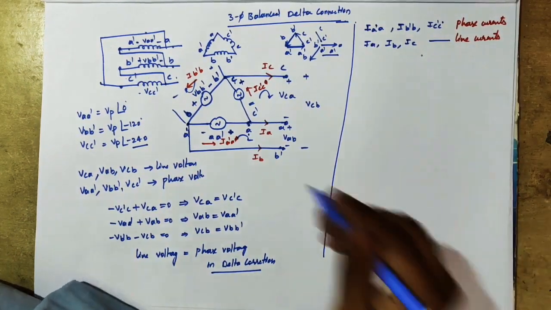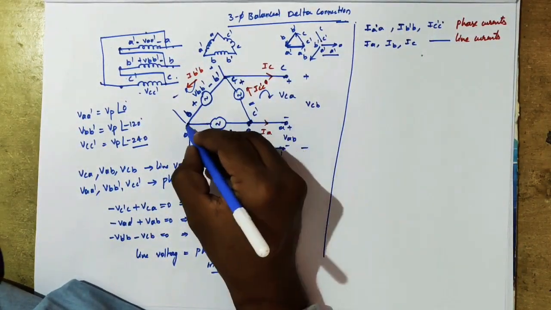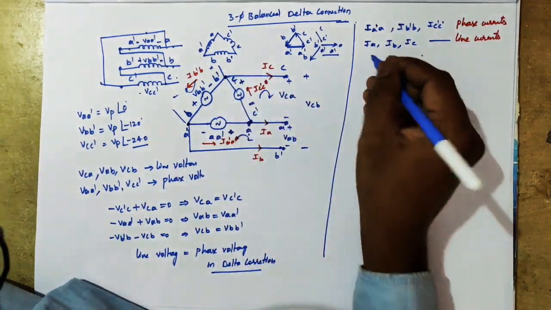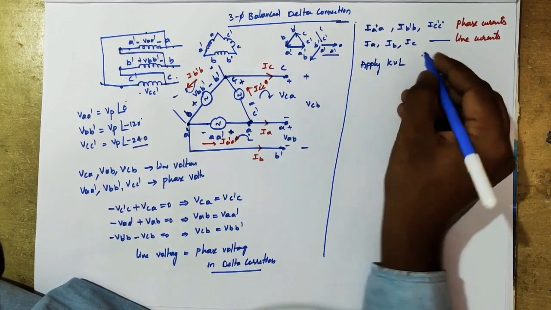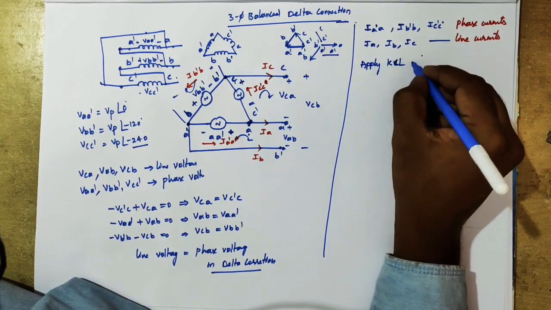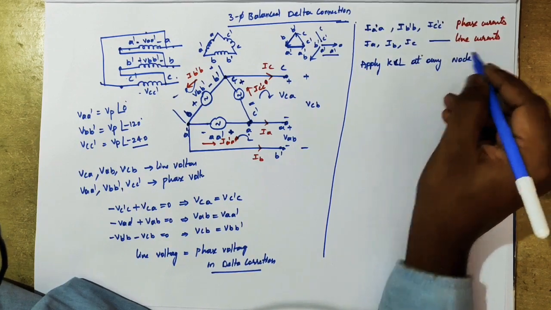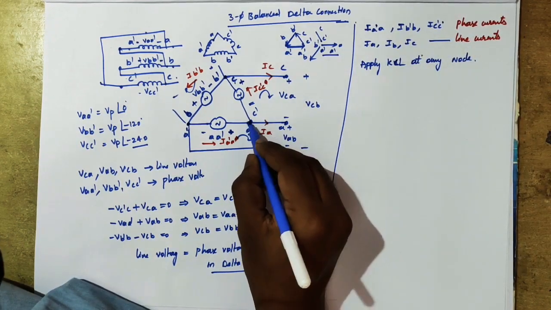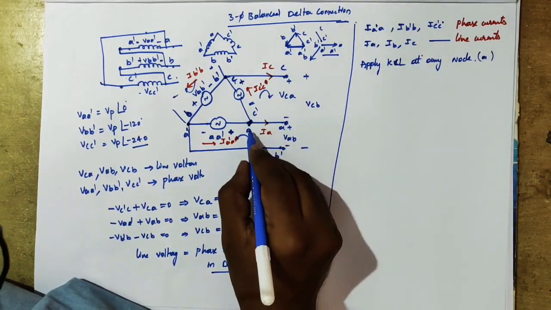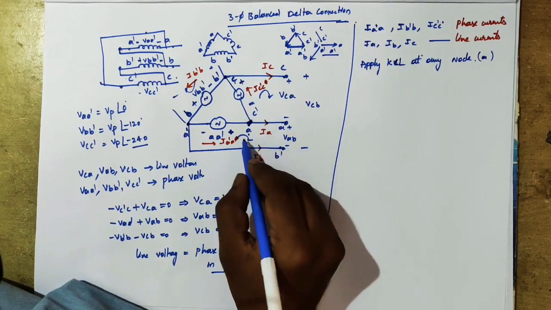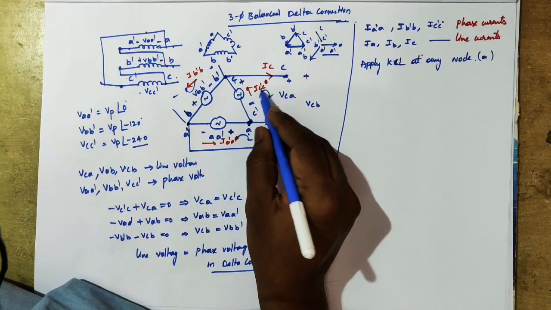Now, we observe three nodes here: node A, node B and node C. Apply KCL at any node; let us say KCL at node A. The current entering is IA'A, and IA and IC'A are the currents leaving.